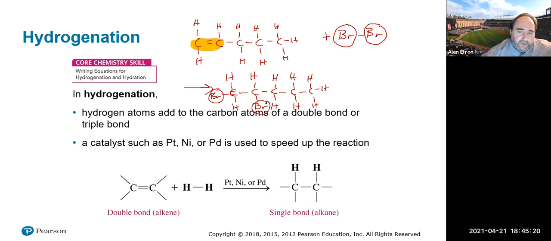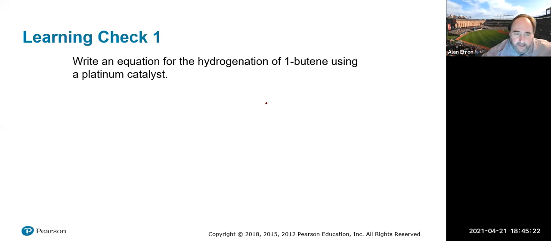So why don't you try one here and see what you come up with? Write the equation for the hydrogenation of 1-butene using a platinum catalyst. So let's just start with the 1-butene first, and I'll let you pick it up from that point. So butene, right, means that we have 4 carbons. 1-butene means we have a double bond there.